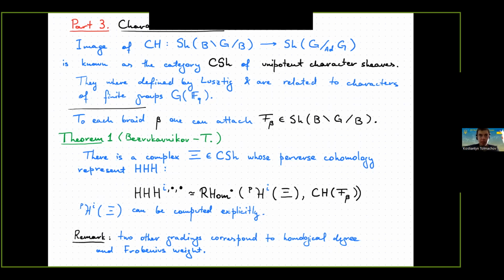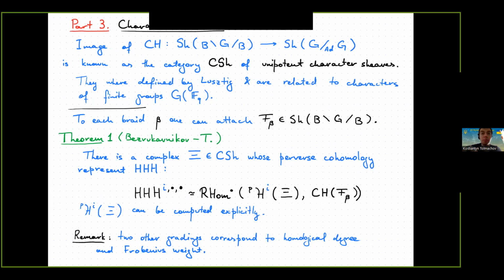I don't want to spell it out, but this categorifies the way you do it in the Hecke algebra. And the theorem is that you can express Khovanov-Rozansky homology using the following formula.